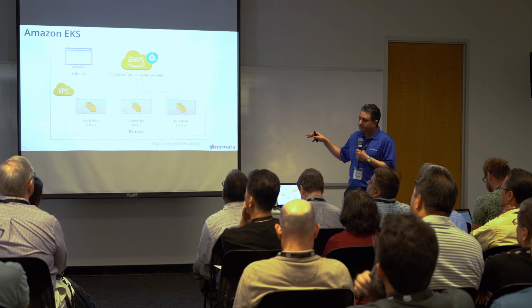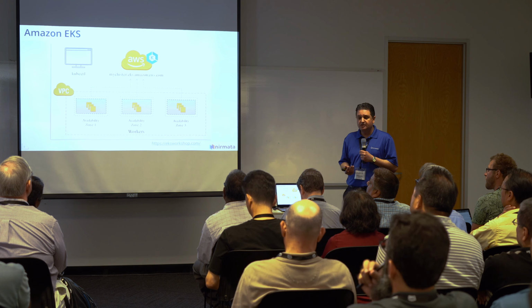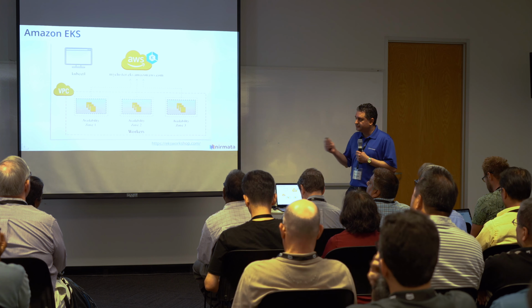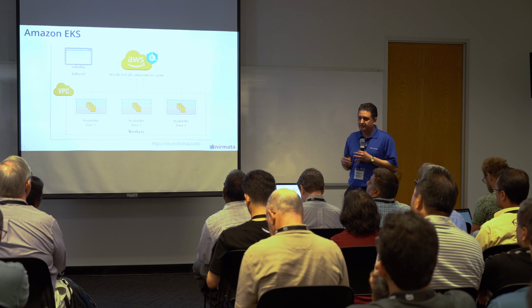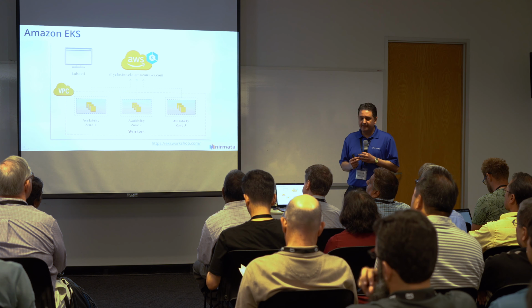And then your worker nodes, you have a lot of flexibility in how you bring them up. What we do, and I'll show you some screenshots, we don't have enough time for live demos in these sessions, but happy to follow up later.